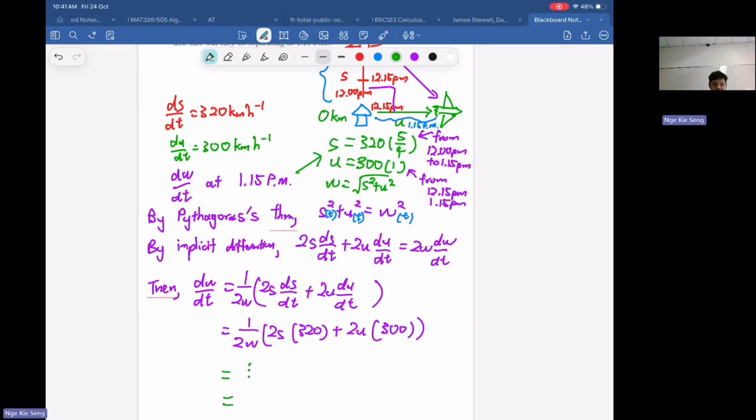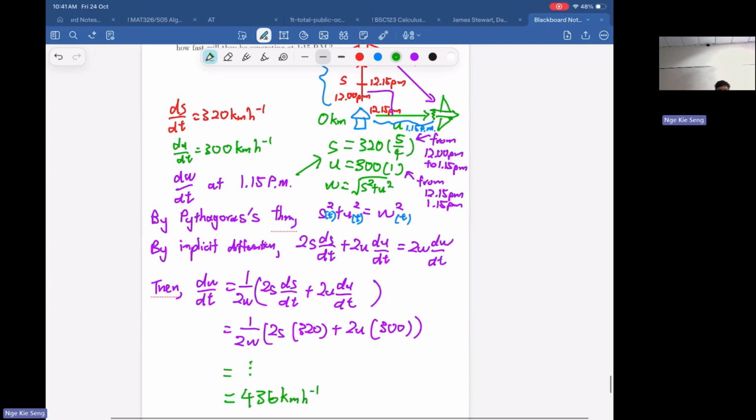The answer I computed was 436 km. Here you can substitute it back. Any question so far?